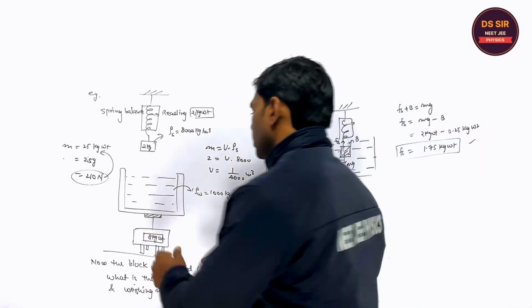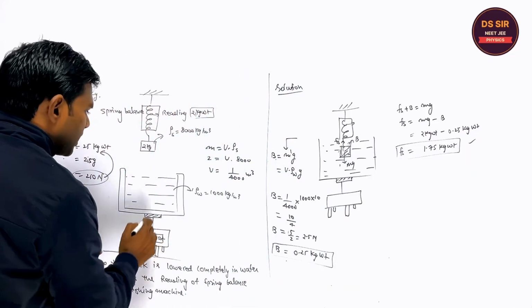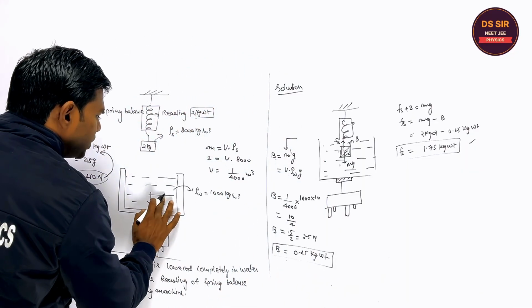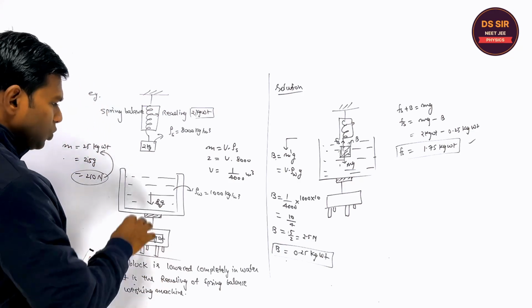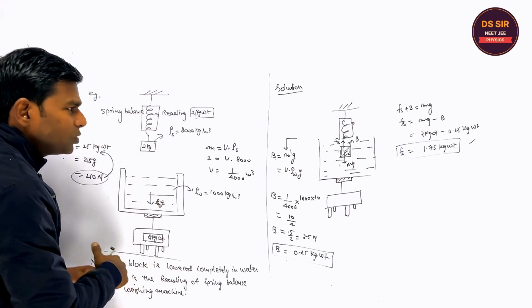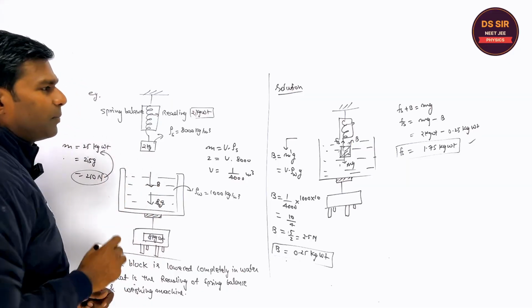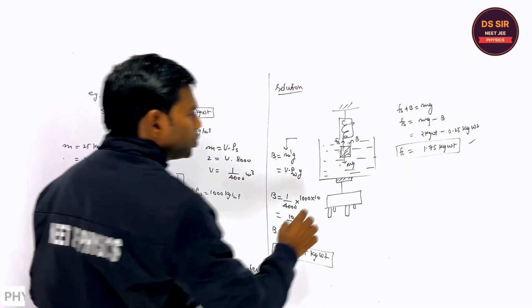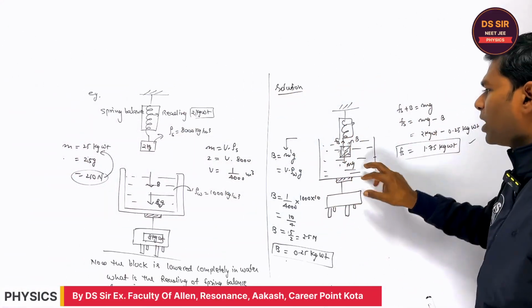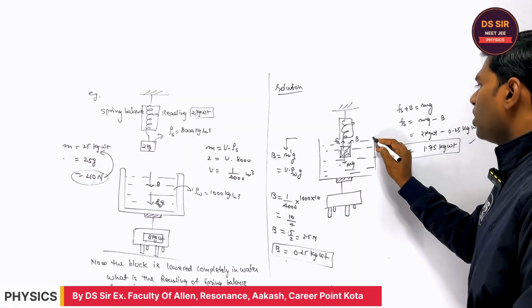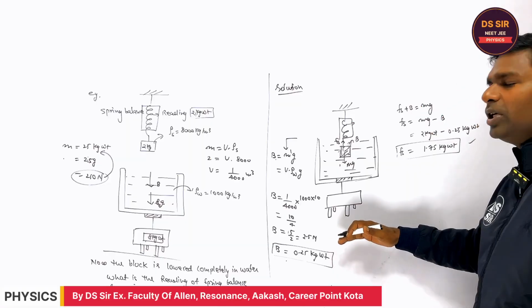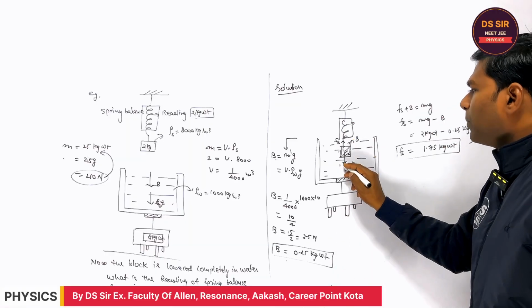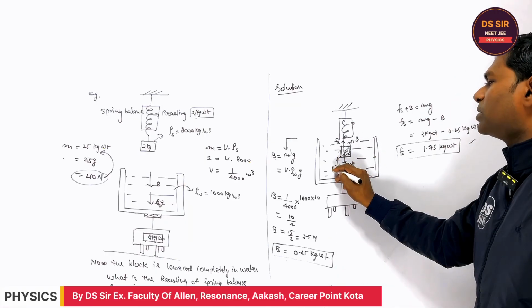And now what about this reading? Although the weight of this liquid and jar was acting 8g downward, together with this, the buoyant force is also acting over here. So if you consider the free body diagram of the liquid and of this jar only, right, the 8g plus the buoyant force is also acting on this.